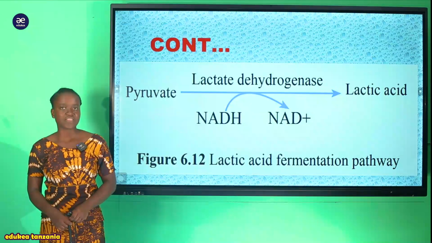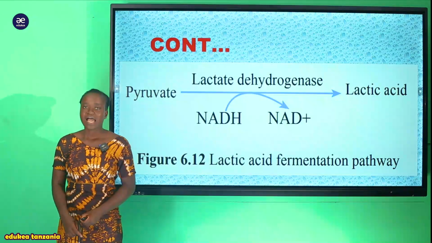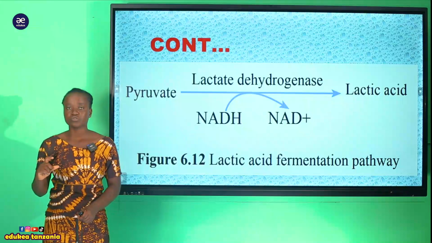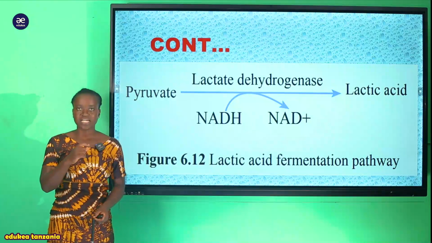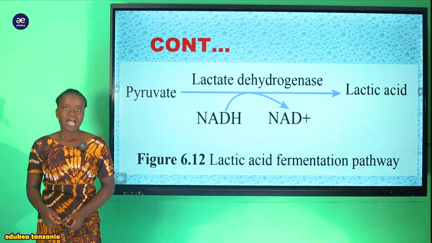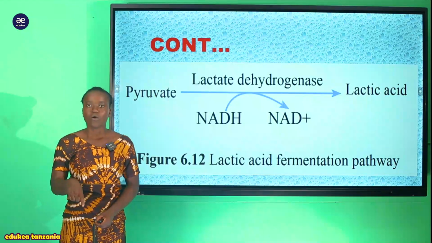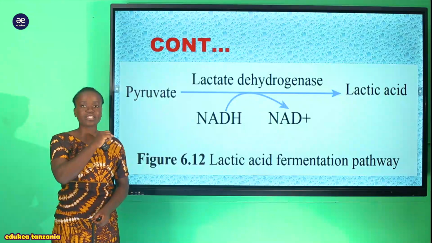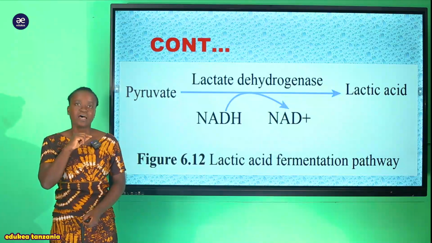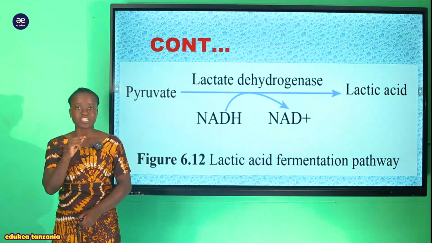My student, here the thing that you have to know and understand is how you can explain this lactic acid fermentation, and you should indicate where this lactic acid fermentation is found.